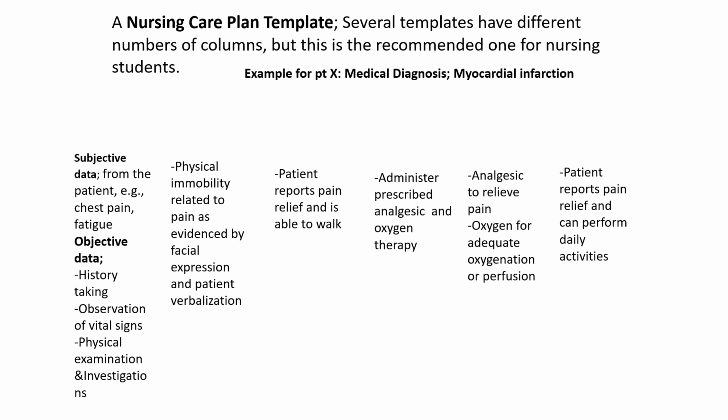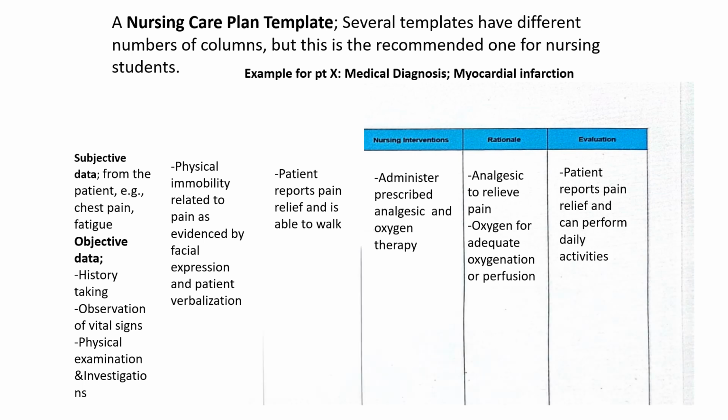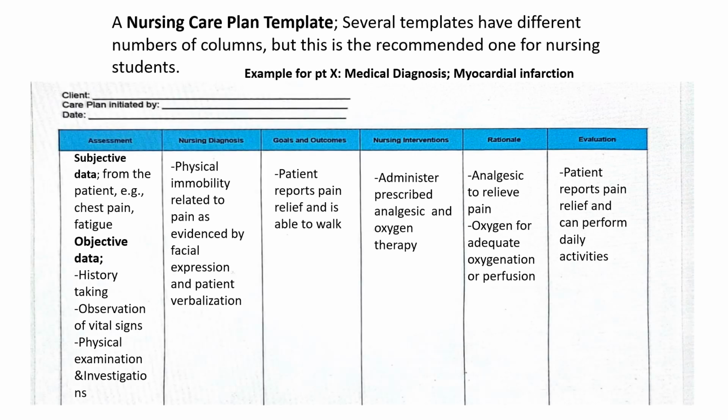There are several templates with different numbers of columns, but this is the recommended one for nursing students. Example for patient X: medical diagnosis is myocardial infarction. You write the client's name, the care plan initiated by the nurse who is doing the care plan, and the date. It has 6 columns.